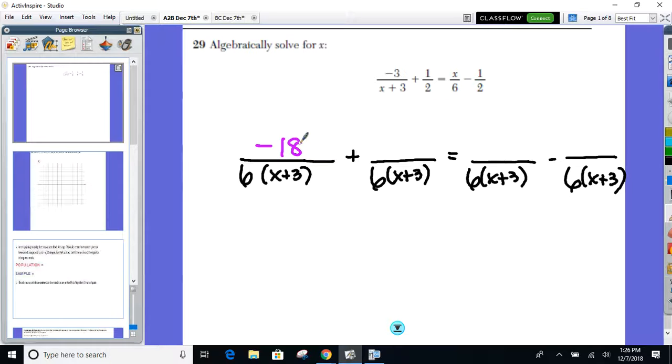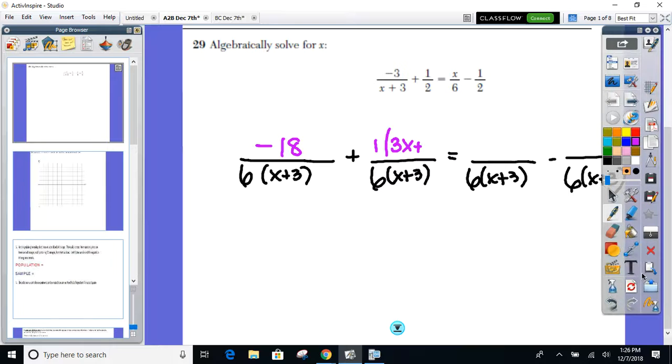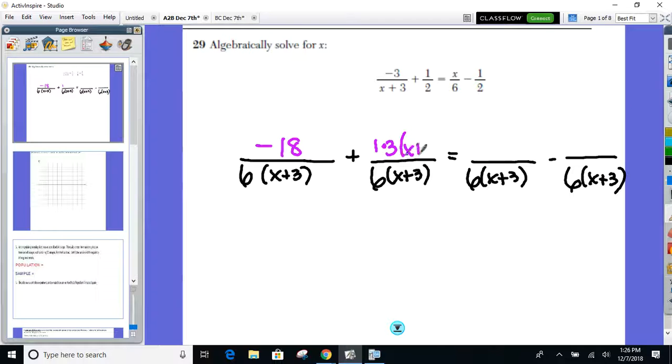A 3, to make it equal to 6. So I'm going to do 1 times, and I know you can distribute it, you don't need to, I'm just showing every single step individually. x, not 3x, sorry. So 1 times 3 times that x plus 3. Everyone agree?